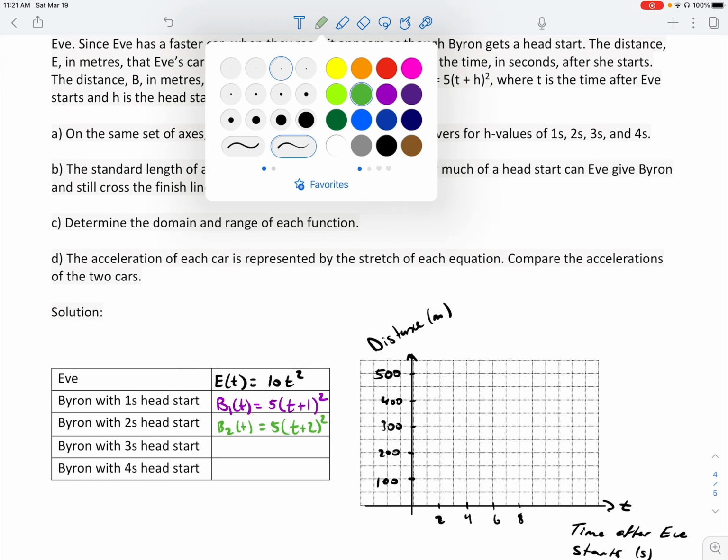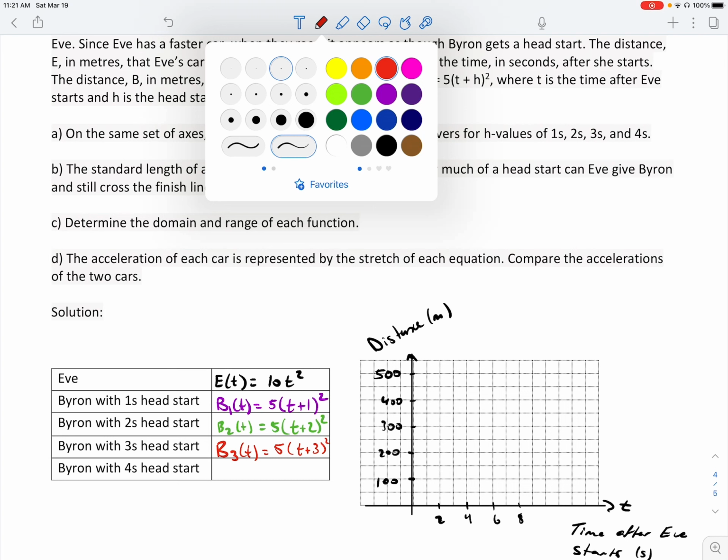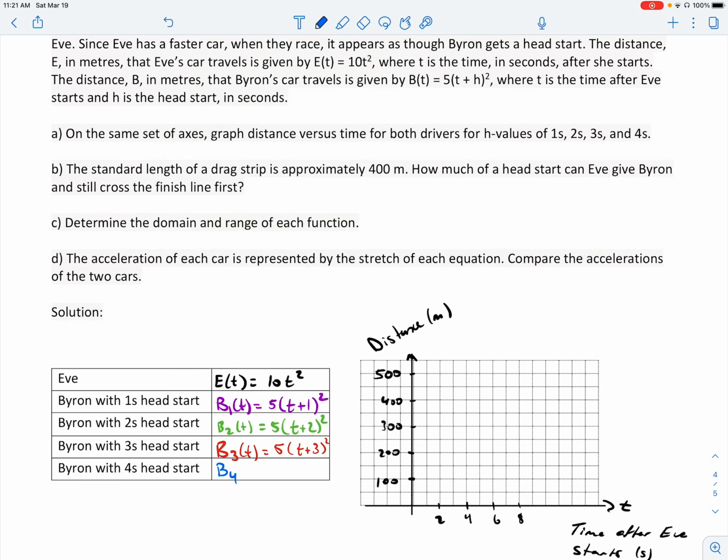Then we'll do the next one in red, and the last one in blue. So a 4 second head start, that's actually quite a big head start. I can't imagine that Eve would win a dragster race if Byron had a 4 second head start, but we'll go ahead and graph this and see what happens.